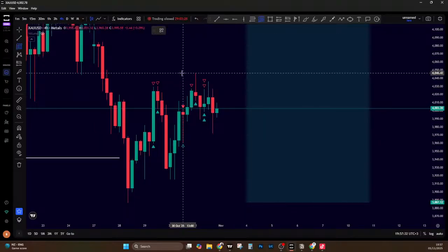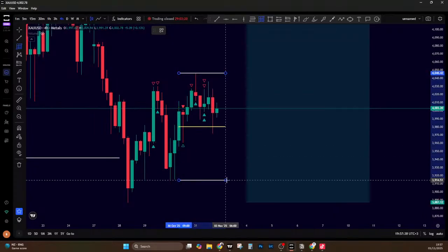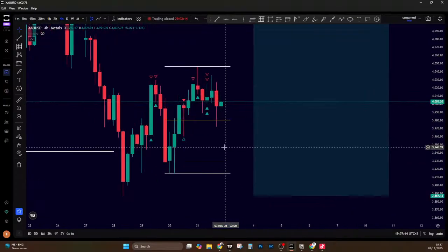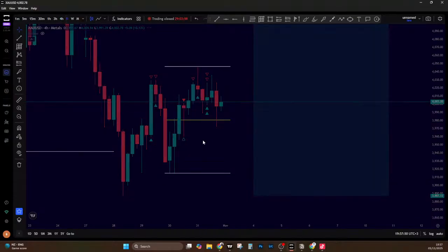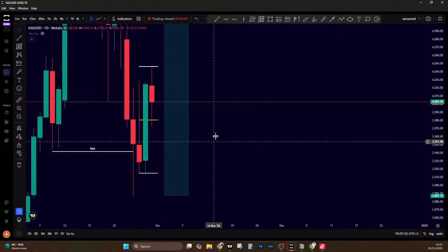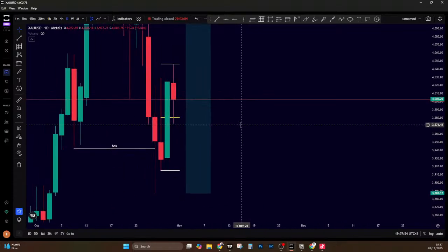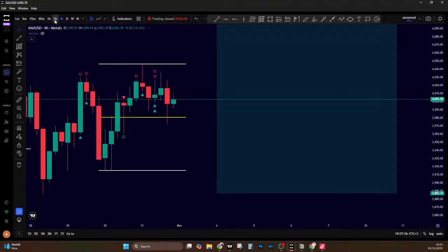First, you take the gun box and make sure that it is buying from a premium area. So what can you see in the premium area? I'm not seeing anything in the 4 hours. Nothing yet.